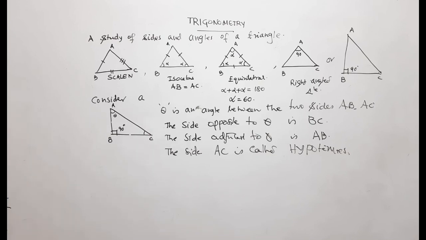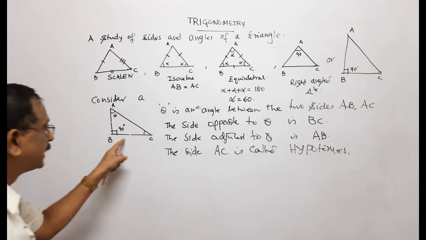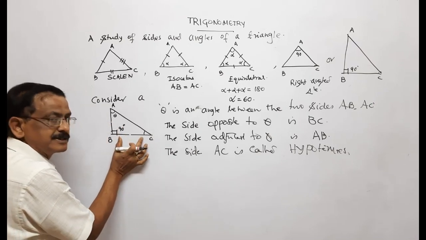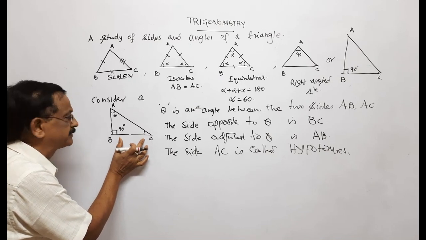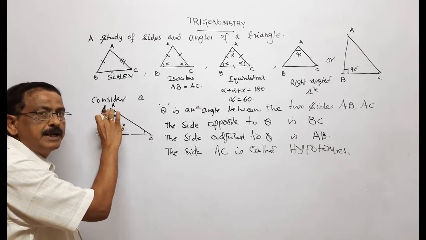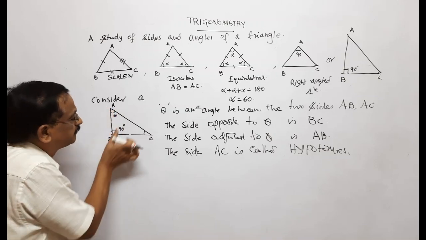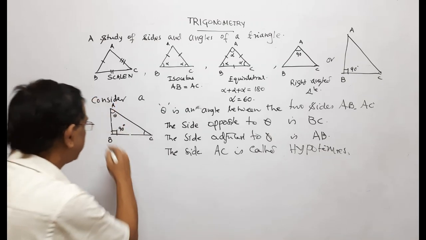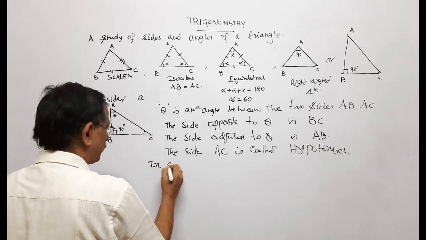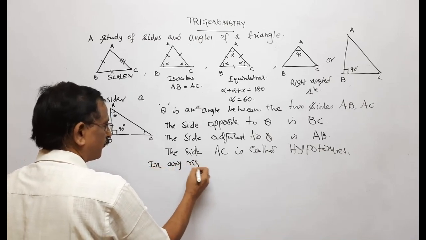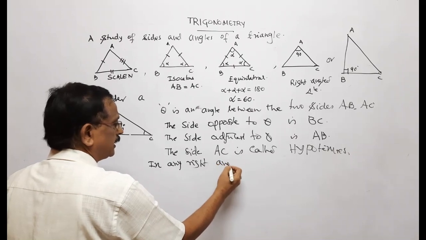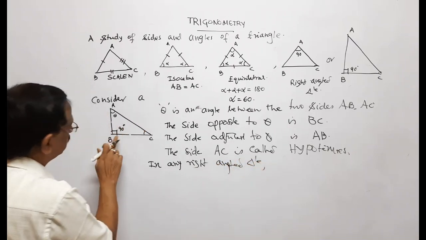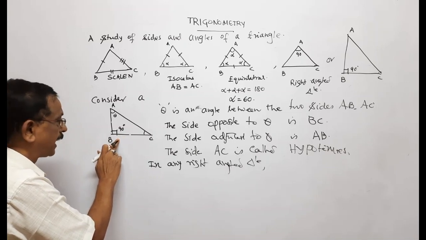Now I have a right angled triangle. I'm making this an angle theta. This is the side opposite to theta, which is BC. And this is AB, which is adjacent to theta. And AC is called the hypotenuse. Now, in any right angled triangle, B is 90.